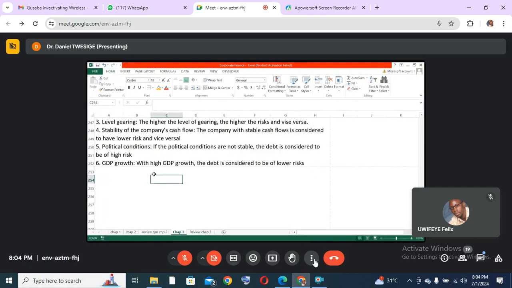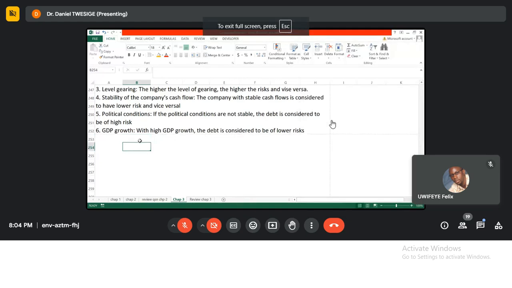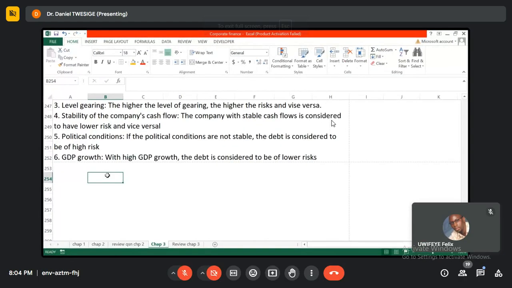So another, we talked about cost of retained earnings, but we said the cost of retained earnings is similar to the cost of common stock because they are all equity holders. Cost of retained earnings, KR.